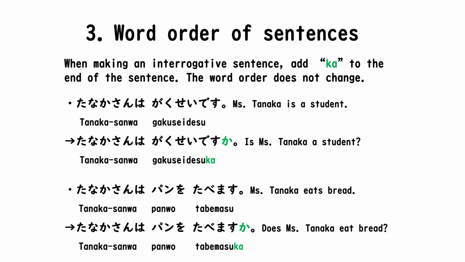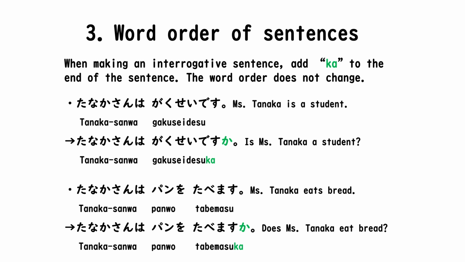How about making an interrogative sentences? In Japanese, making an interrogative sentence is very simple. All you have to do is add ka to the end of the sentence. The word order does not change. Let's look at the example below.